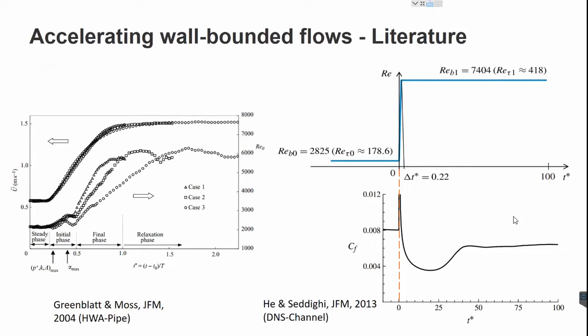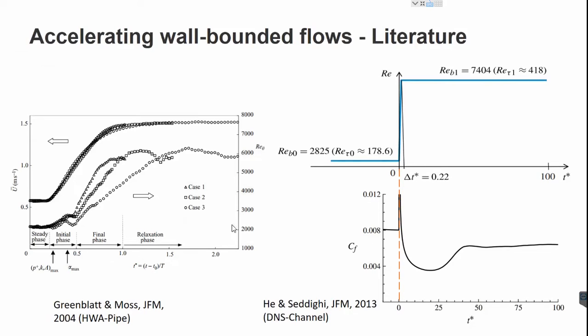Now, further studies have been made in accelerating flows using experiments and numerical simulations. This is an experimental study by Greenblatt and Moss, and this is a study by He and Seddighi, and they tried to determine the physics. These are more fundamental studies.